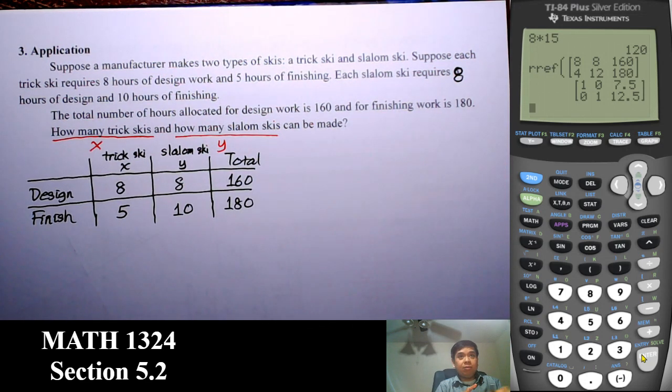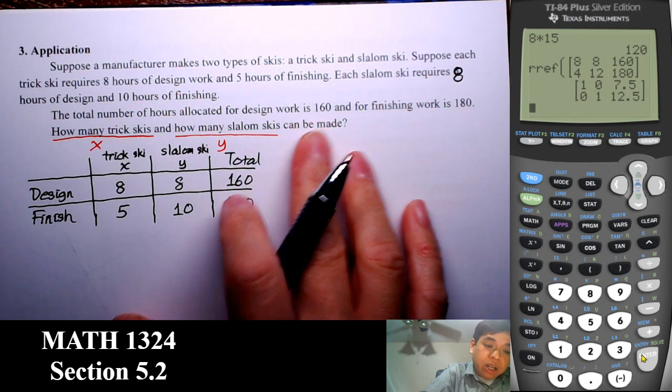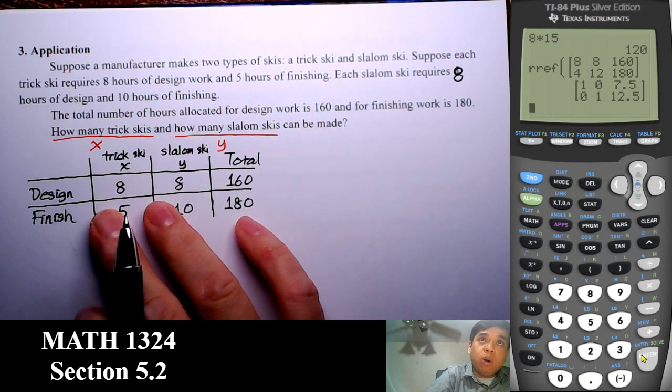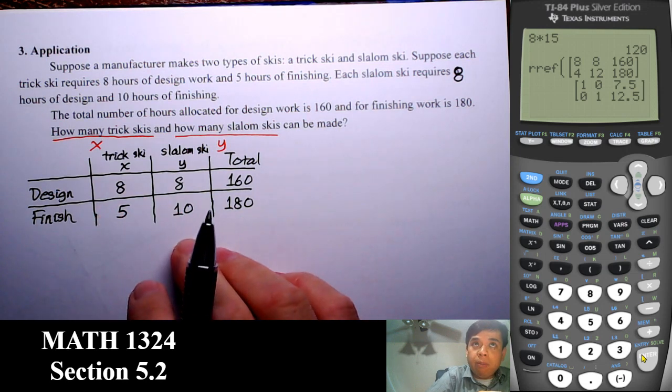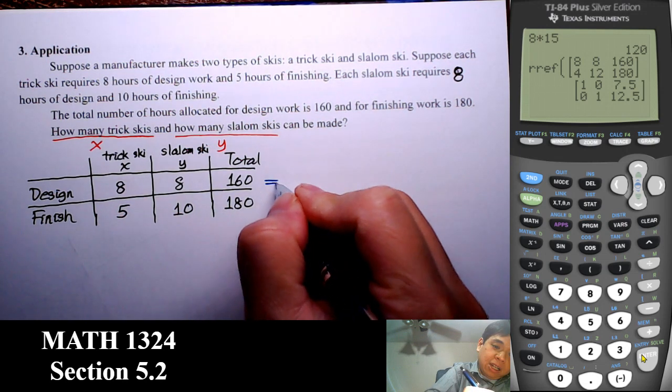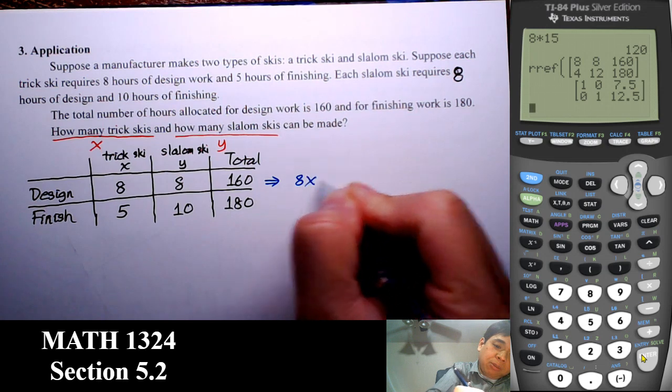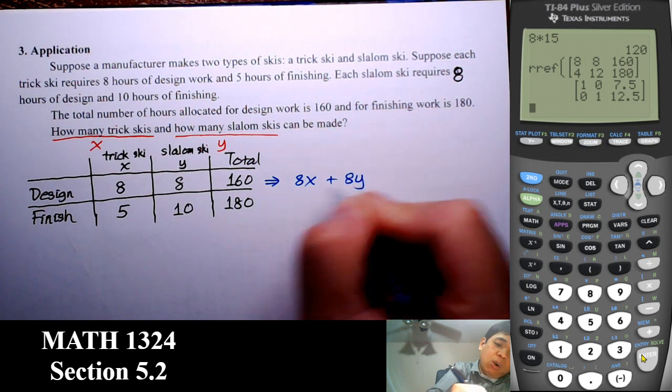Now, remember, I think we touched on this earlier. We have 160 hours to dedicate to design work. We might not need to use all of them. So in that case, we don't write 8x plus 8y equal to 160.